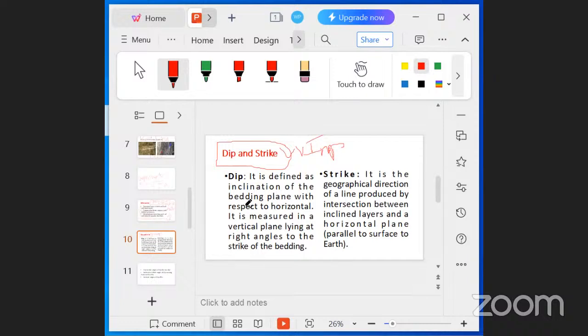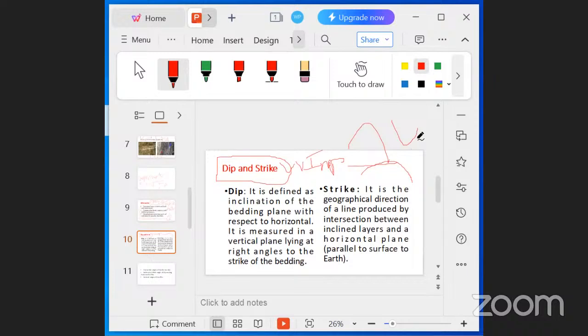Initially, sedimentary rocks are deposited on flat or gently inclined surfaces. Post-depositional deformation caused by movements due to tectonic forces acting on the rock body or mass causes the tilting of the beds.